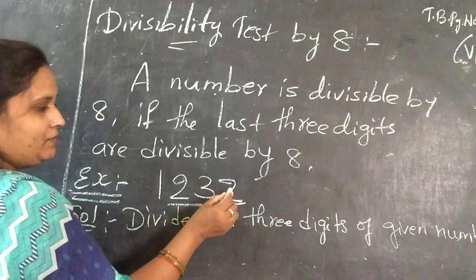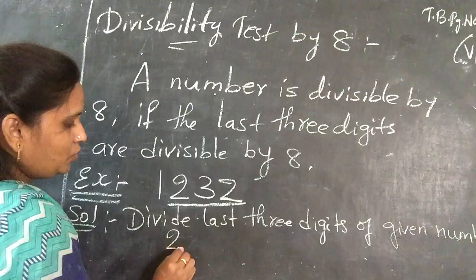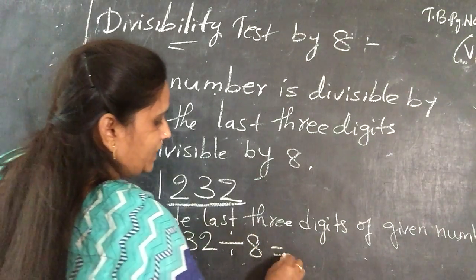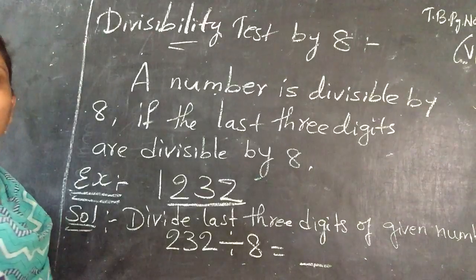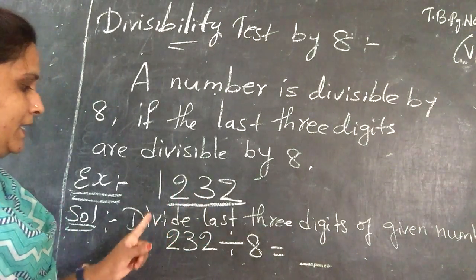Underline the last three digits: 1, 2, 3, count it and underline. The last three digits are 232. Is it divisible by 8? If the remainder is 0, then only 1232 is divisible by 8.